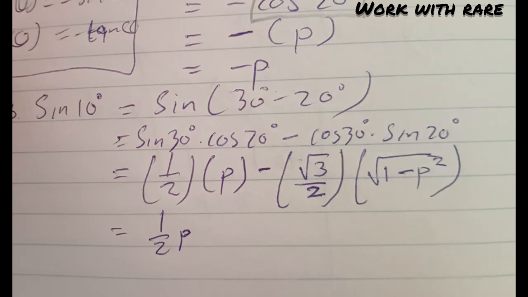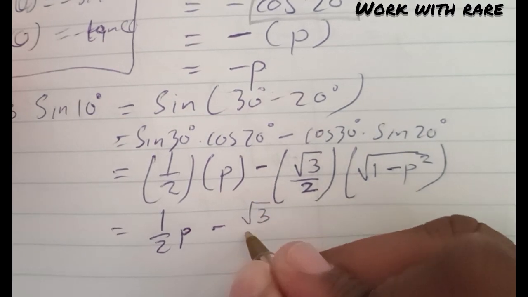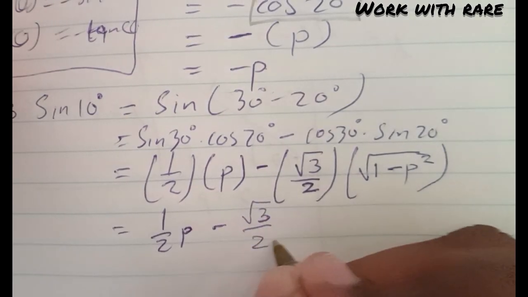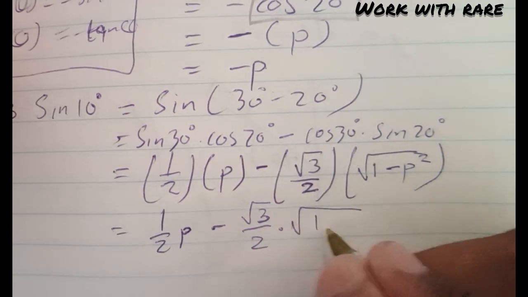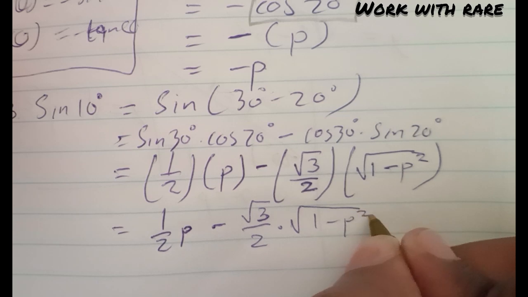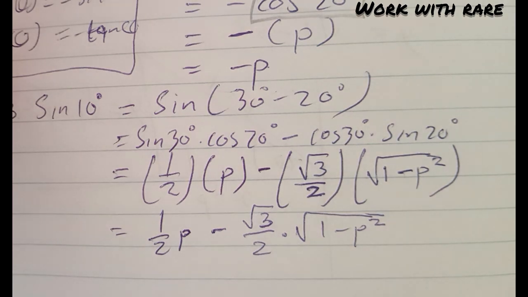This one, I don't think we have to change it. We don't have to. So it will remain like this, but put dots to show that you multiply. So leave your final answer like this, because after this you can't do anything honestly.